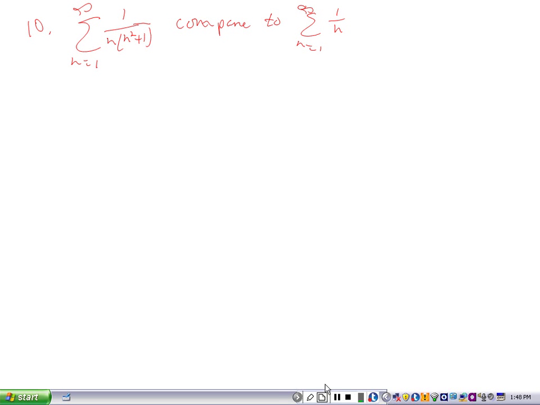Notice that the problem that we're given looks like that. If you think about it, if I didn't have that plus 1 there, I would have 1 over n cubed. This is a known convergent p-series.